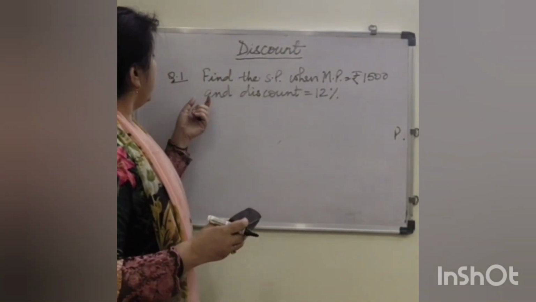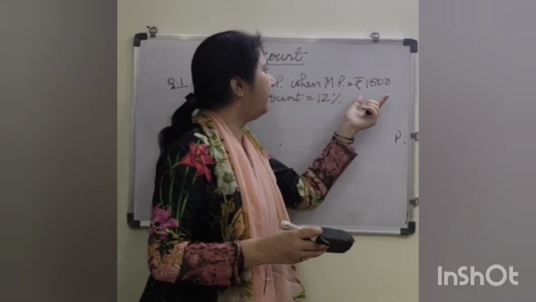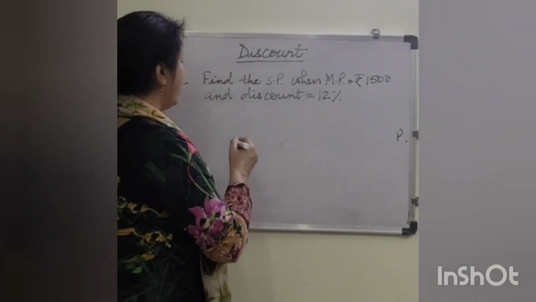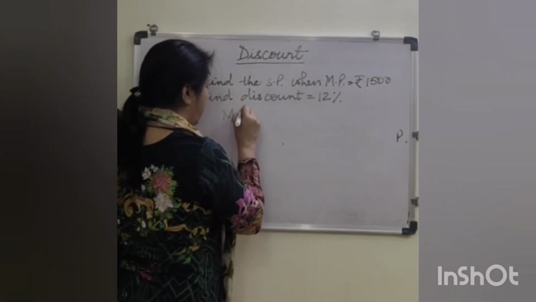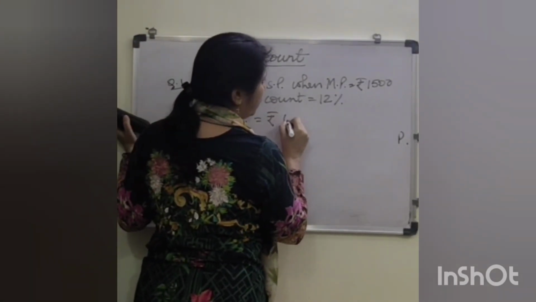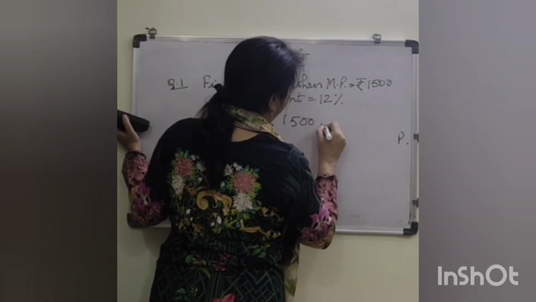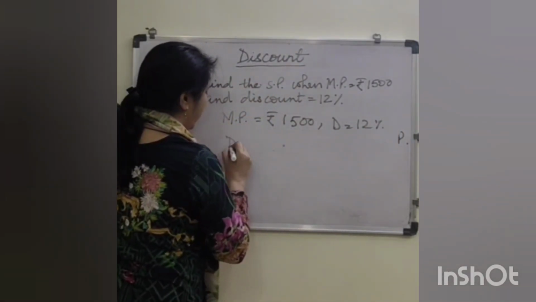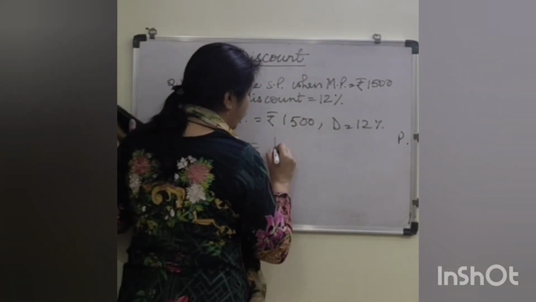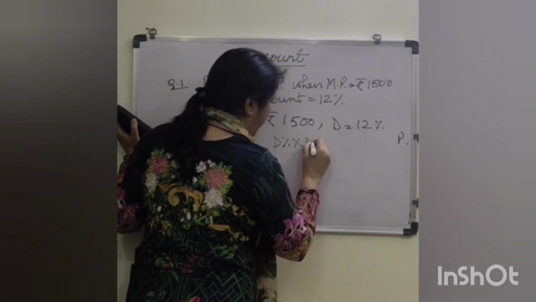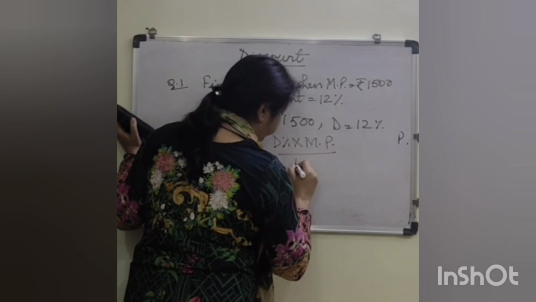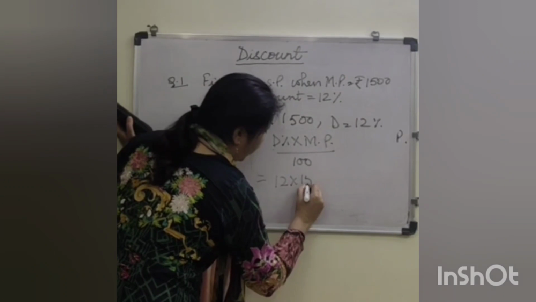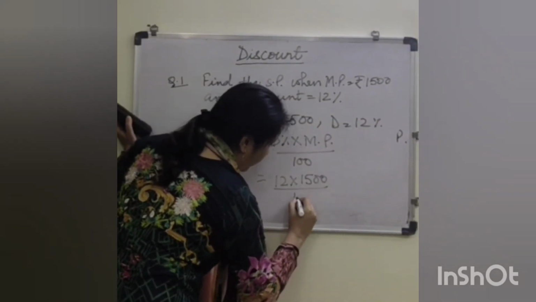Now another question in the sequence: find the SP when MP is rupees 1500 and discount is 12%. So first of all you write what is given to you. MP is rupees 1500 and discount is 12%. So first of all, children, we will calculate discount. Discount is equals to D percent into MP over 100. That is 12 into 1500 over 100.